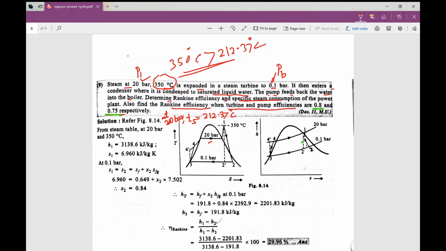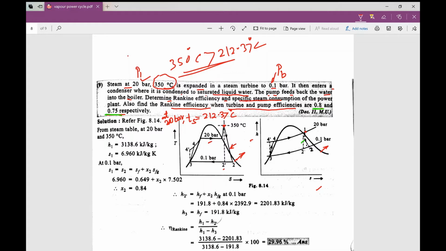So this is the judgment, and accordingly on your TS diagram you should show 0.1 over here, right of this curve, that is your vapor curve. And on the HS diagram, which we call the Mollier diagram, that 0.1 should also come right of this curve. Okay, so the isentropic expansion is 1 to 2 dash, and the actual is 1 to 2 over here, right?